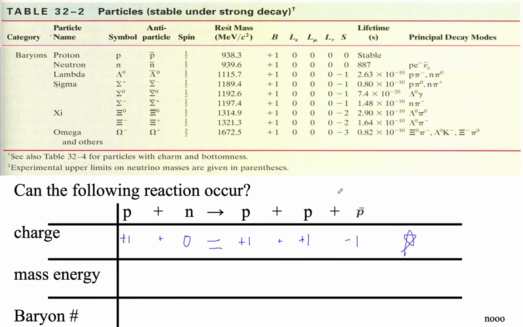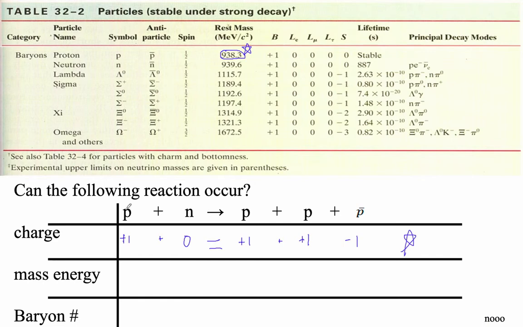Mass energy, well, we do have a little problem here. On this side, we've got 938 and 939.6, and we've got an extra proton here. The antiproton is going to have the same mass as this. So somehow we've come up with this much extra, not including the kinetic energy that these particles have. So the question is, where did that come from? Well, it's all good because this proton could be flying along with tons and tons of kinetic energy.